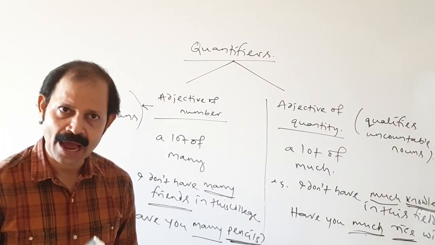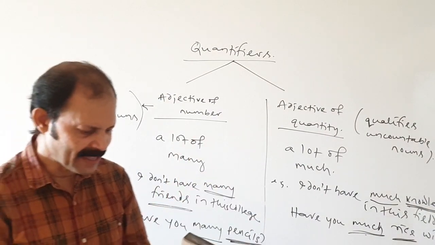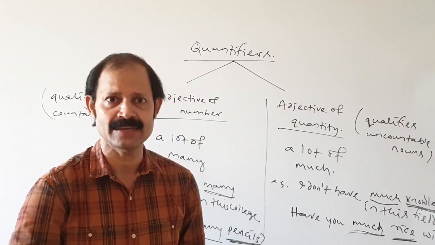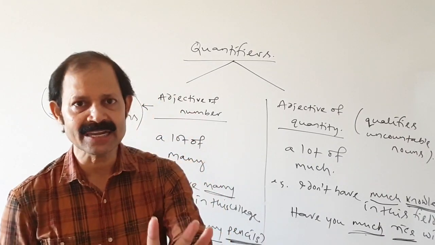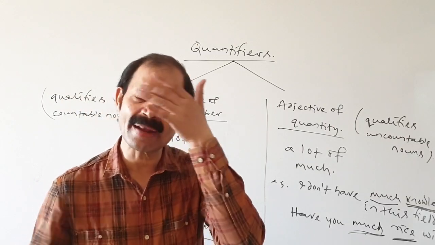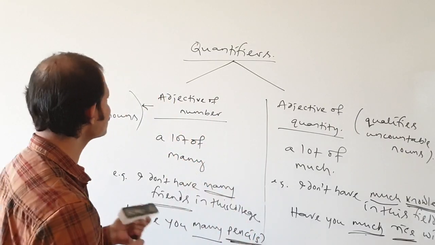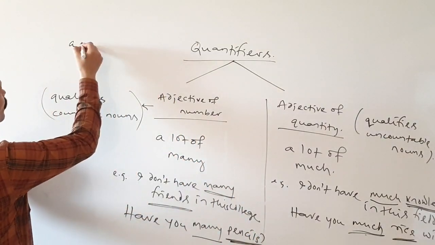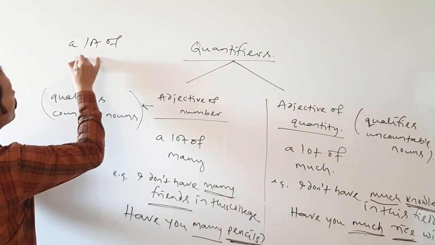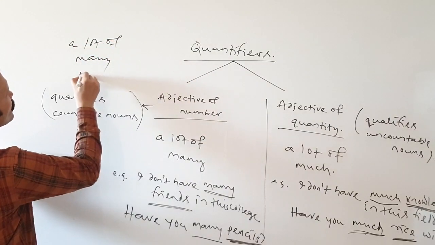Things are clear? Now I want to conclude. If the sentence is affirmative, close your eyes and supply. Suppose you have to select from a lot of, many or much.